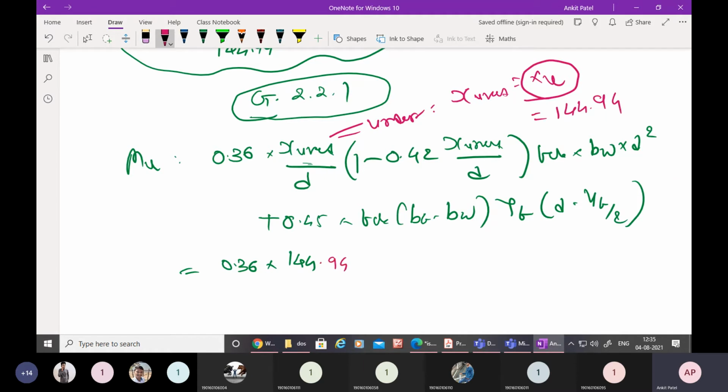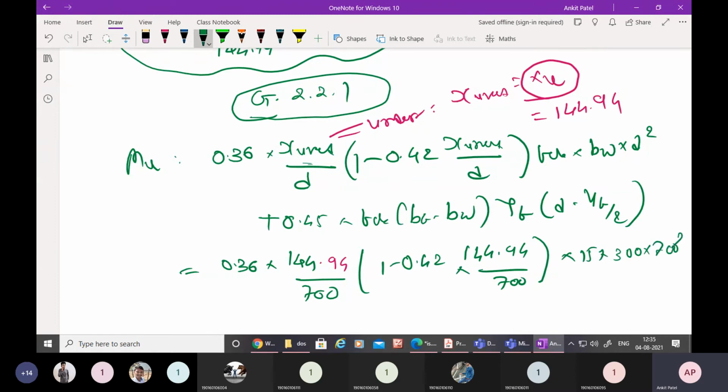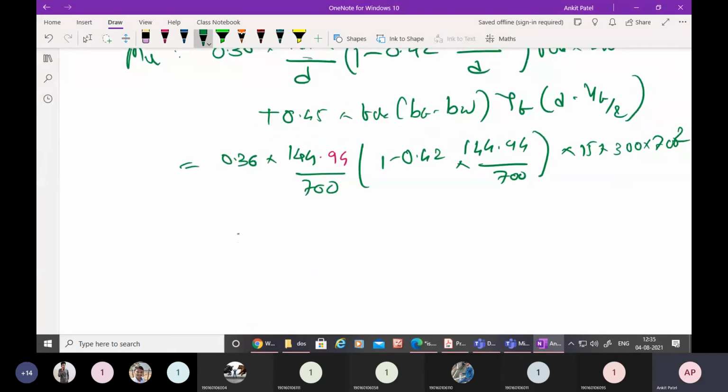So that's why 144.94 is here, divided by 700 is your d, bracket 1 minus 0.42 into xu, again 144.94 divided by 700, bracket, into 15 into 300 into 700 square, plus 0.45 as it is, 15 as it is, bf is your 1500 minus 300 into 86 point, this is your yf.